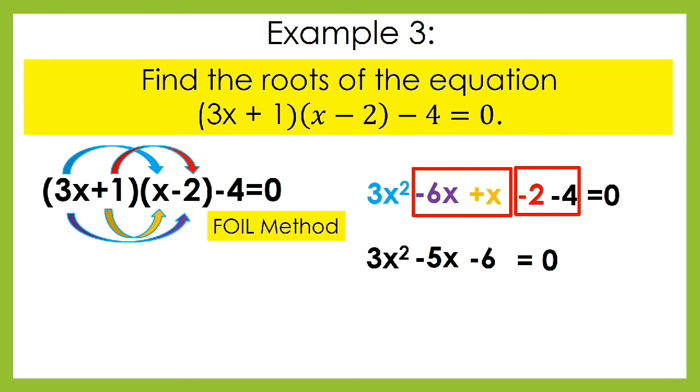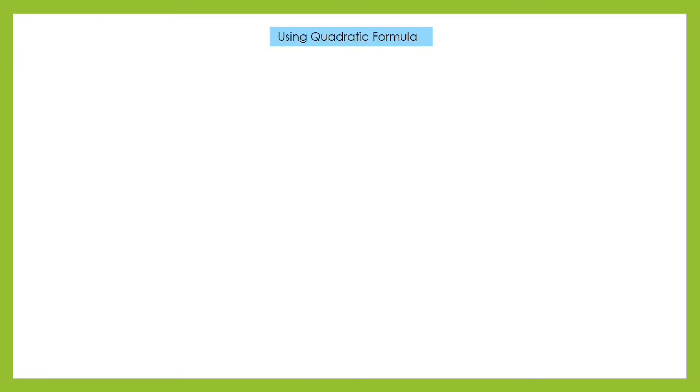Okay, so our given equation is now in standard form. This is the standard form. To find the roots, we will use any method of solving quadratic equations. We will use the method of solving quadratic equation using quadratic formula.